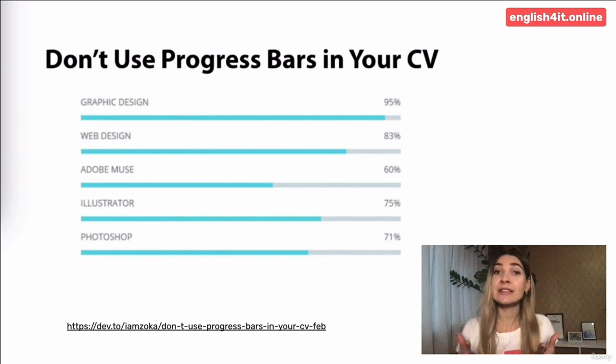So the main point here is that instead of rating yourself with the help of progress bars, just outline your skills in your skills section and then tell about your results and how you used them in the work experience section.